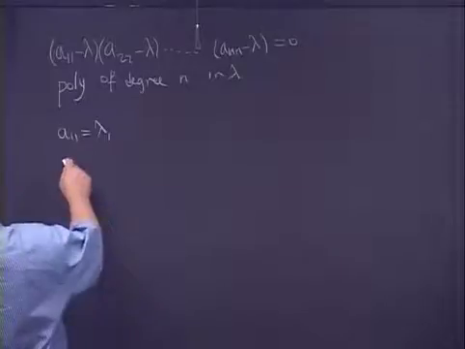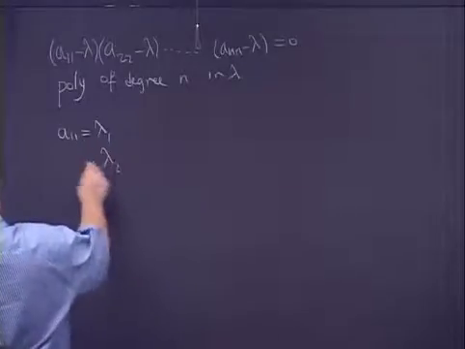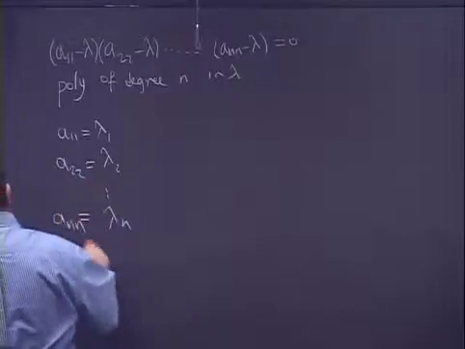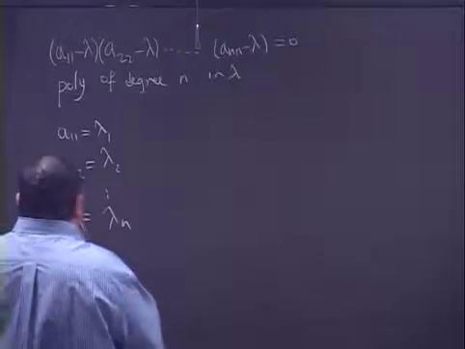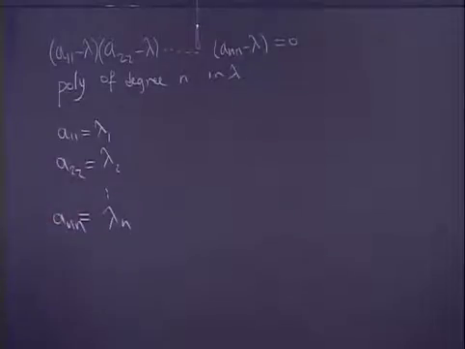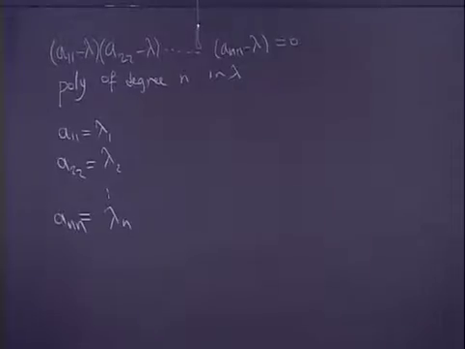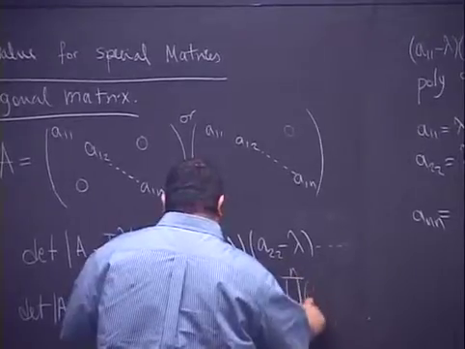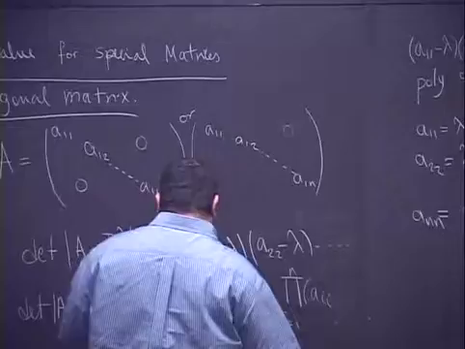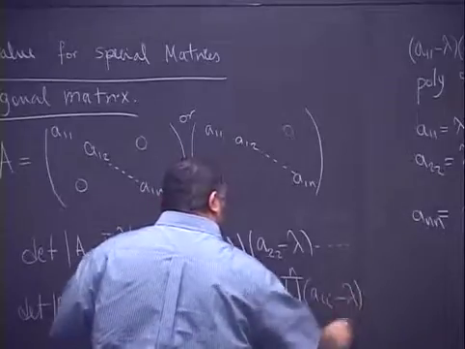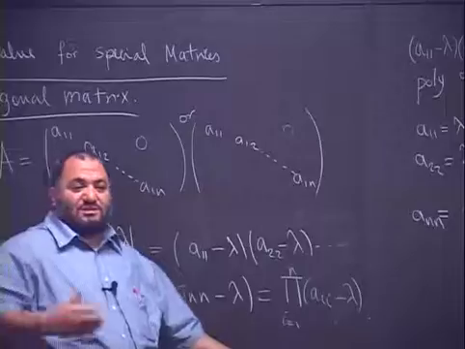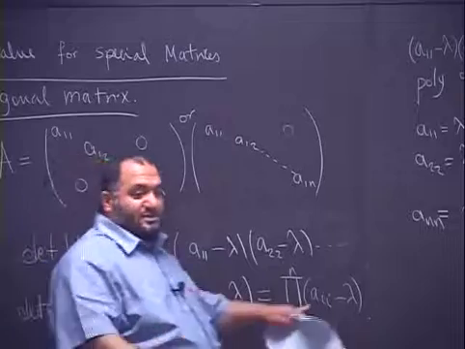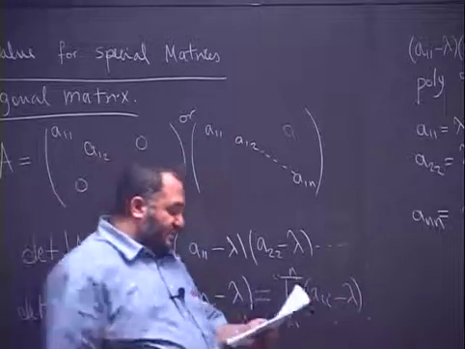A11. And lambda 2 equals A22, and lambda n will be equal to Ann. Sometimes you can write this as the product, pi from i equal to 1 to n, of aii minus lambda. So pi is just like the summation, but this is for multiplication. Instead of taking the summation, you take the multiplication.